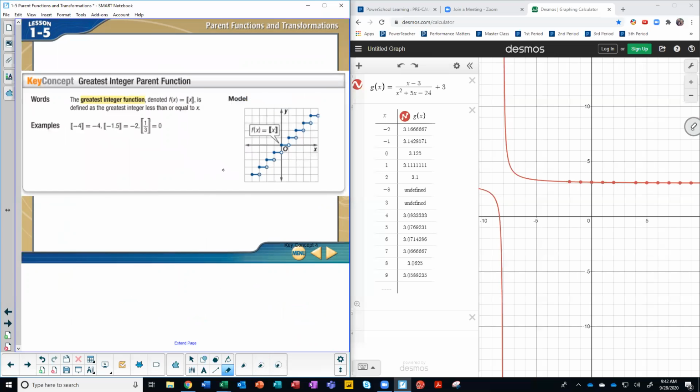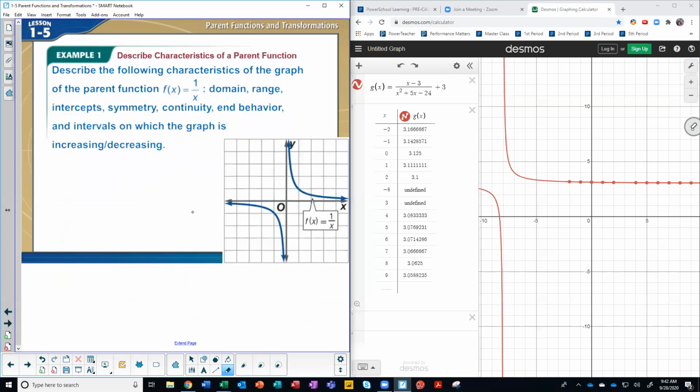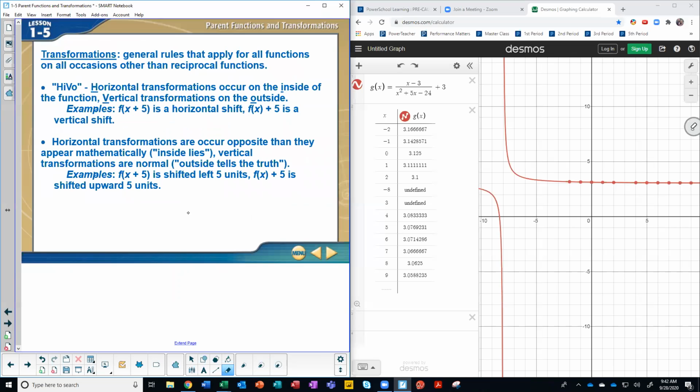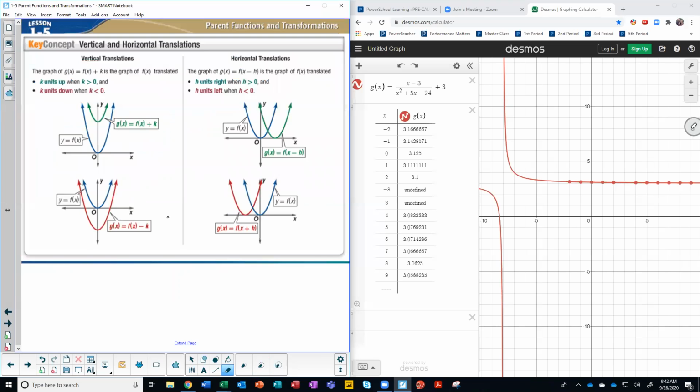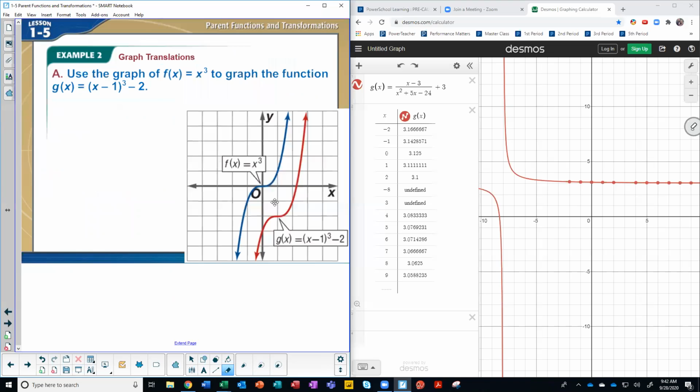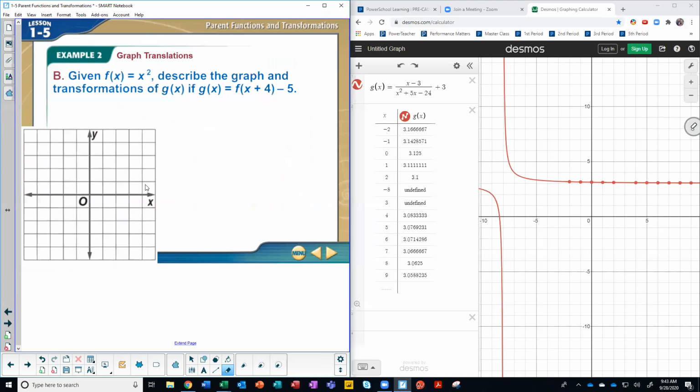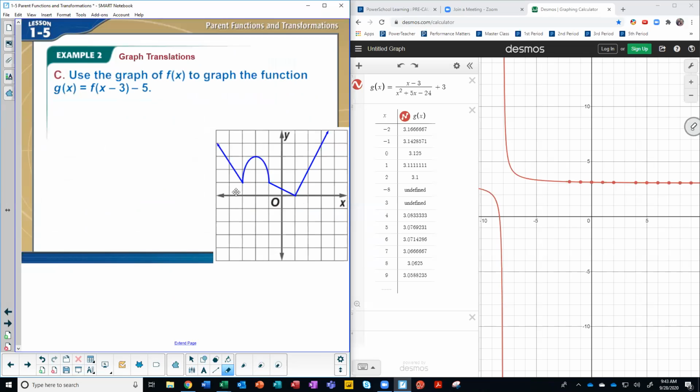All these graphs, what we're going to do is just shift them as we go along. I have some rules that you'll go over in the videos, but you're going to just see graphs that get shifted. So this blue one got shifted to the right and down to make this graph. And we'll talk about why it was to the right and why it was down, going off the numbers.